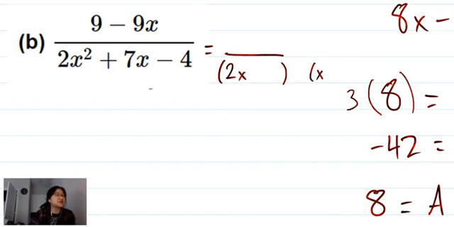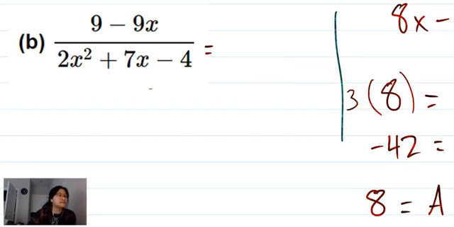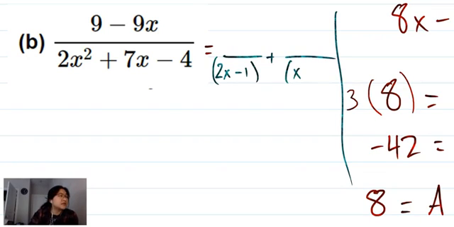I should probably change colors. Okay, so let's see, we get 2x minus 1 and x plus 4, so that'll give us 8 minus 1 is positive 7, negative 4, okay.